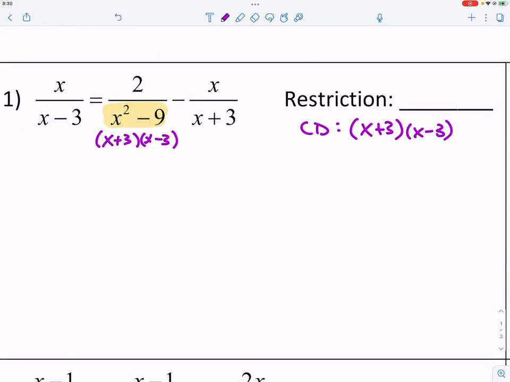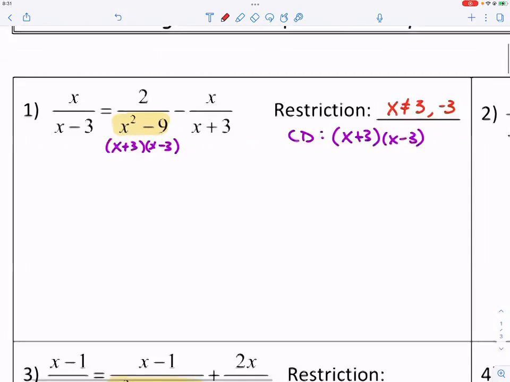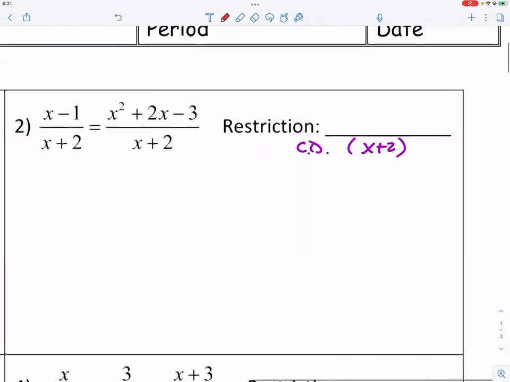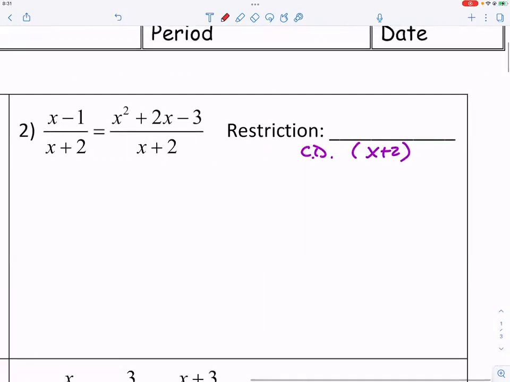And the restrictions would be x cannot equal 3 and negative 3. So if you know your common denominator, that would also help you write down your restrictions. For question number 2, the common denominator is x plus 2, and that means x cannot equal negative 2.